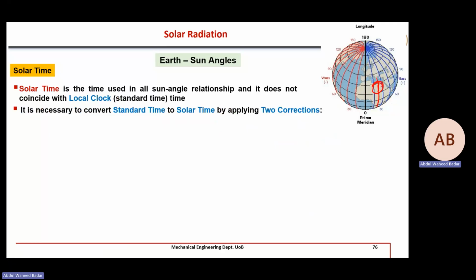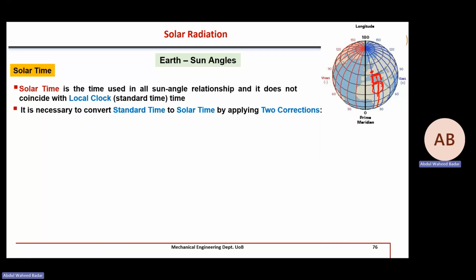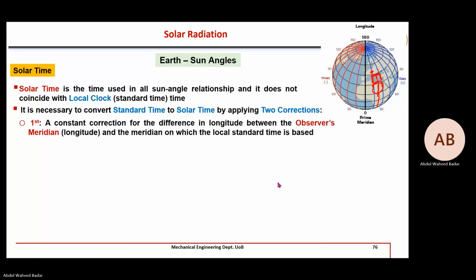Because at this point and at this point, we are using the same clock time in this entire region, clock time is the same, right? But actually the longitude is not the same. From here till here, longitude is changing, but clock time is the same in this region. So this is correction one, right?